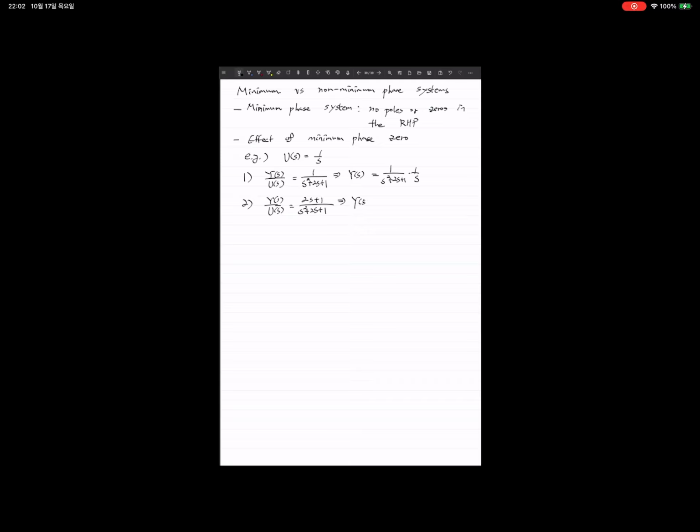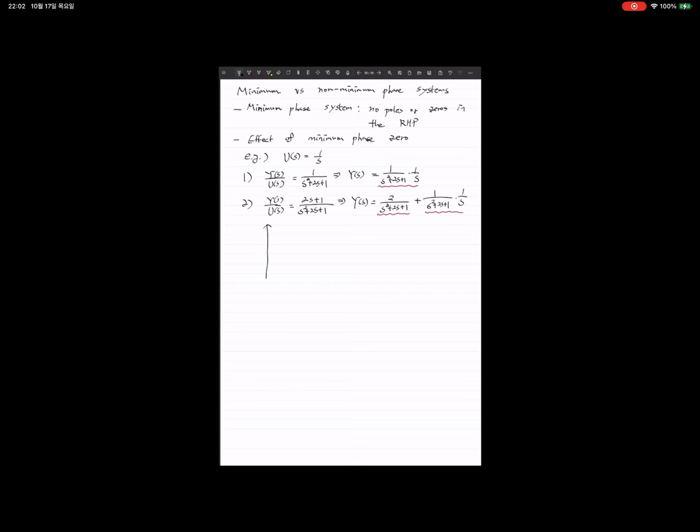As a result, Y of s is 2 over (s squared plus 2s plus 1) plus 1 over (s squared plus 2s plus 1) times 1 over s. As you can see, these parts are the same, but system 2 has an additional term due to the minimum phase zero.